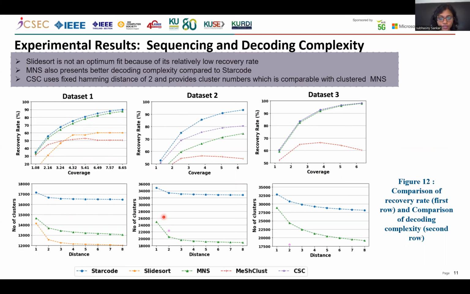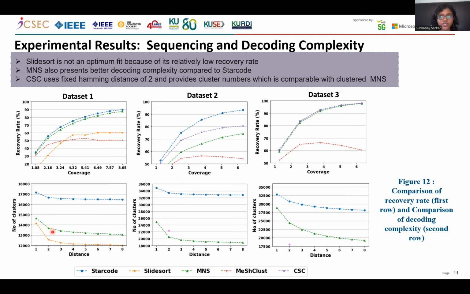In terms of decoding complexity, it has to provide the representative sequences in such a way that the number is equivalent to the number of input encoded DNA sequences. Slide Sort provides the best result, but it is not good since it produces a poor recovery rate.